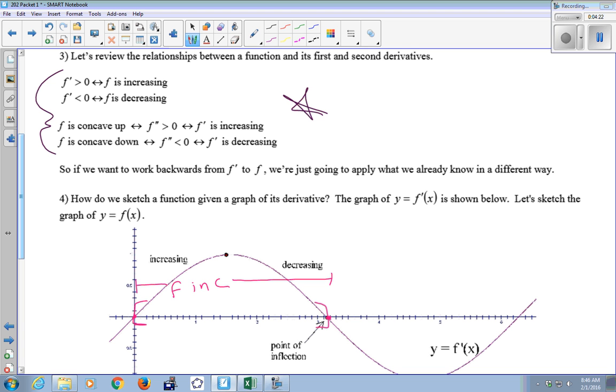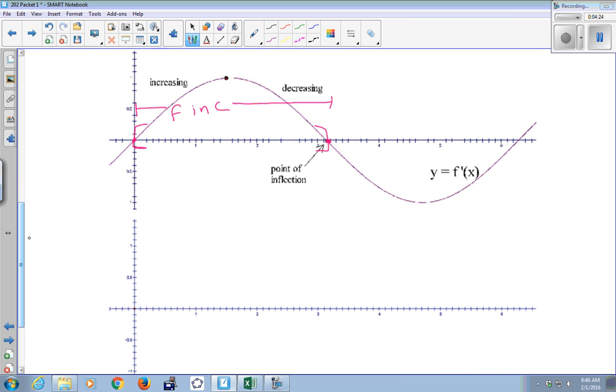Okay. So we know from 0 to pi over 2, f is concave up. And then f prime is decreasing from pi over 2 to pi. Okay, so from pi over 2 to pi, f prime is decreasing. That tells you that f is what? Concave down. Okay, so then I'm concave down on the rest of the interval to pi.